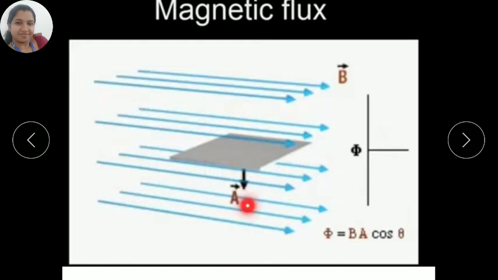So what is the value of theta? Here theta is 90 degrees. Theta is 90 degrees means phi is equal to BA into cos 90. Cos 90 is 0, so the value of phi is equal to 0. That means if the surface is held normal to the magnetic field lines, no magnetic field lines enter this surface. Obviously magnetic flux is equal to 0.